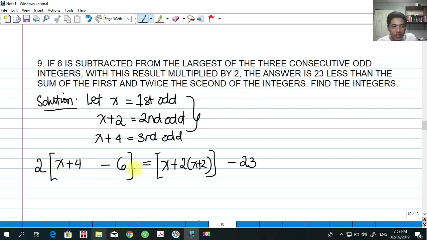The answer, which is equal, is 23 less than the sum of the first, which is x, and twice the second of the integers. We're getting the sum because it says the sum. Find the integers.